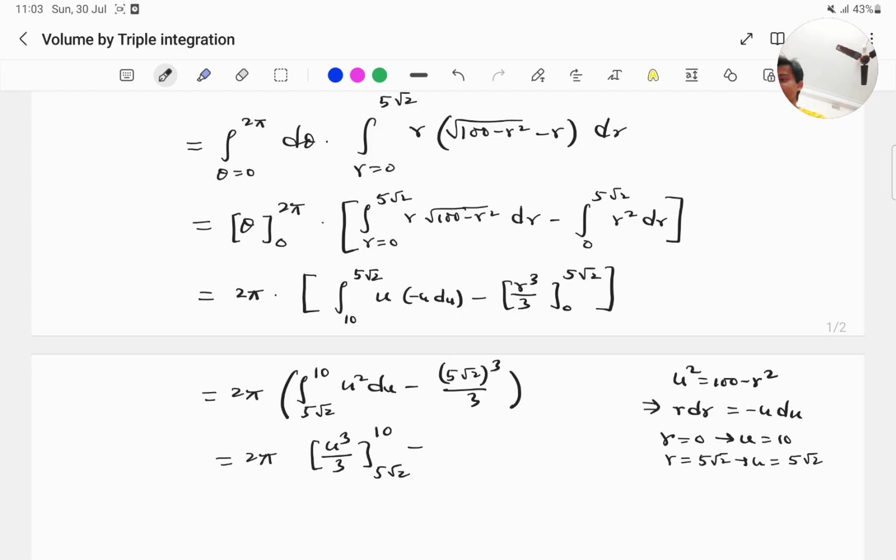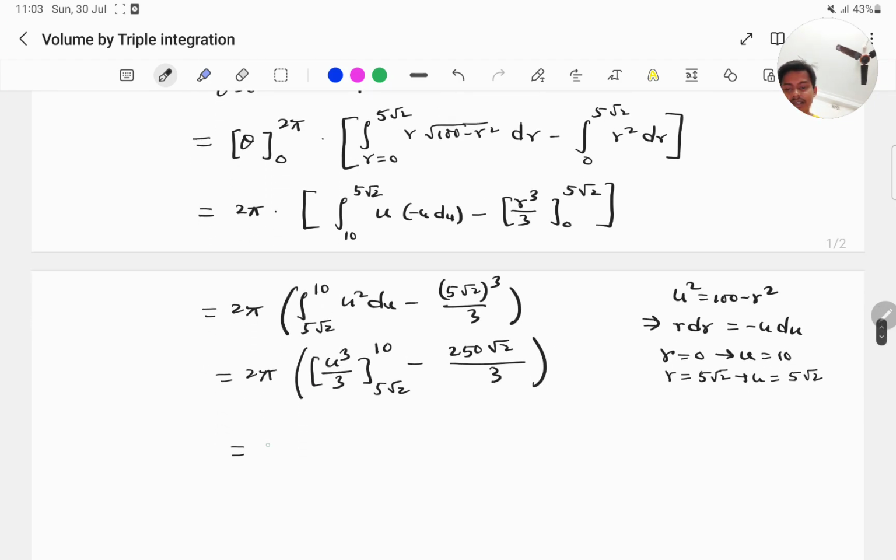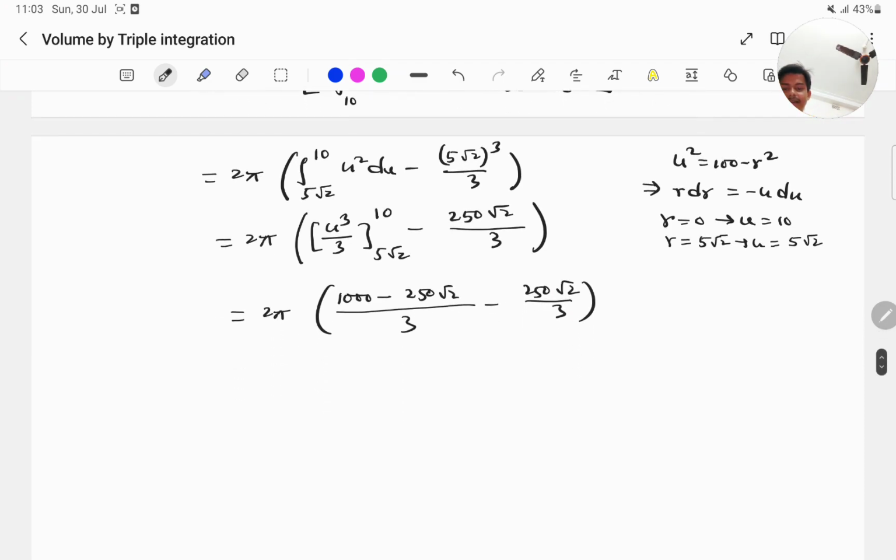This will be 5 into 5 into 5, 5 into 5 into 2, so 250. So 250 square root of 2 by 3, and then here you should get 2 pi, and then 10 cube means 1000 minus 250 square root of 2 divided by 3, minus 250 square root of 2 divided by 3.